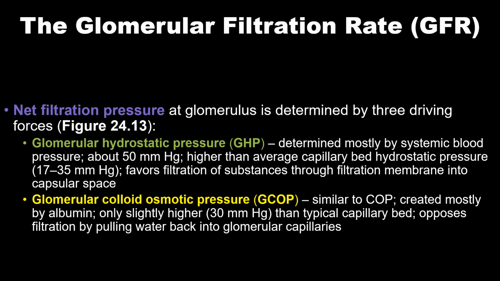And so that causes any solutes left in the blood to increase in concentration. And so the higher the blood solute concentration, the higher its osmotic pressure. So the GCOP is going to oppose filtration, drawing water into the capillaries via osmosis. These work the exact same way, right? They're just a little bit higher pressured.